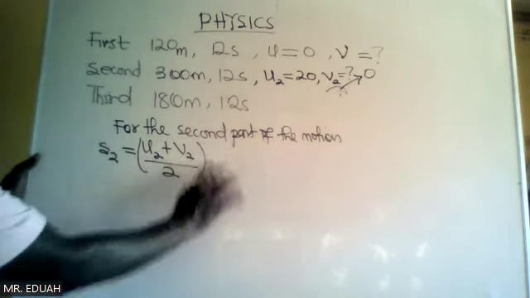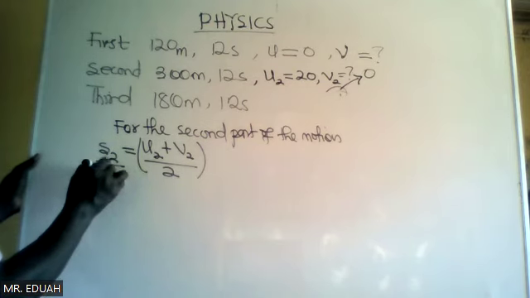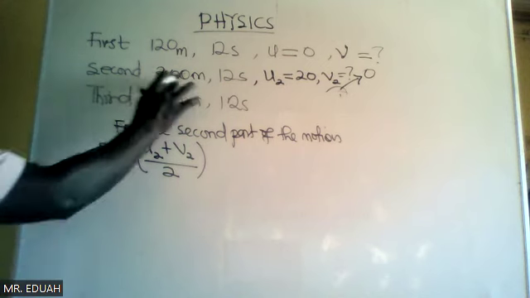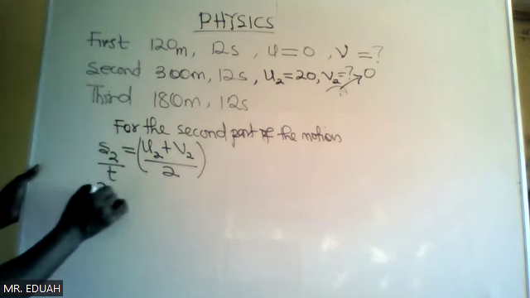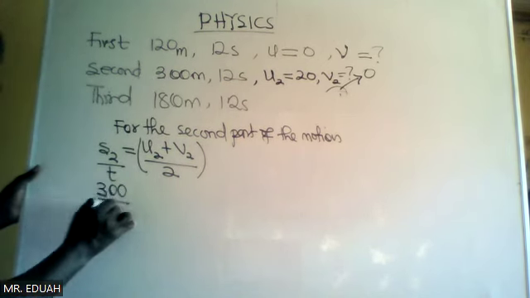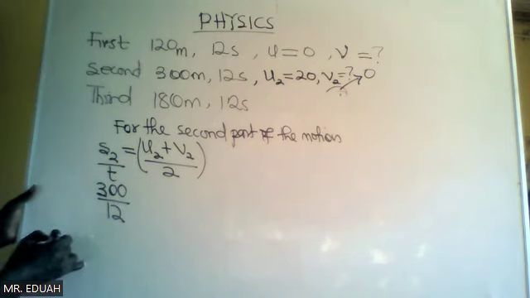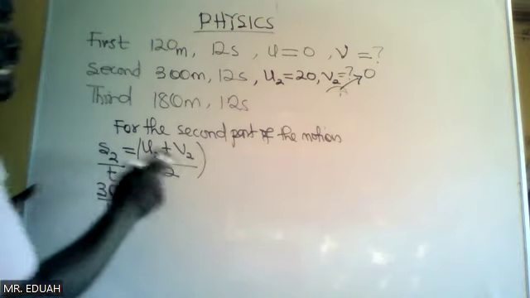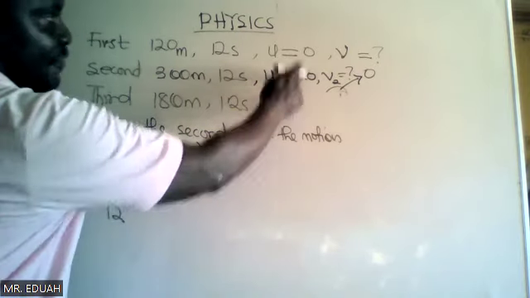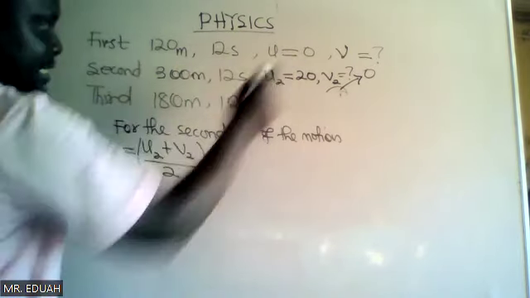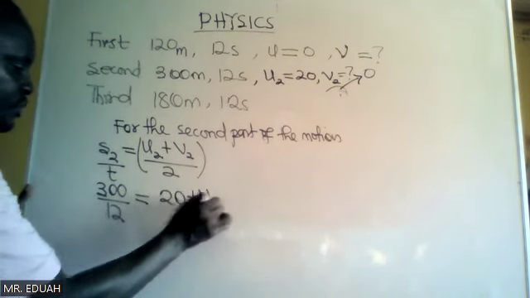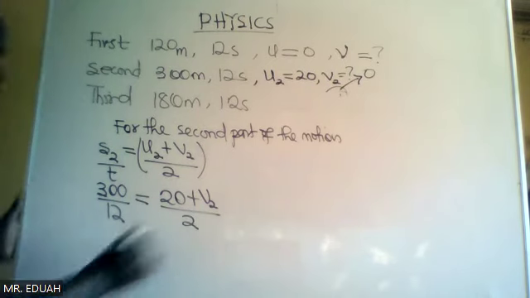Or if we are to divide through by T, for the second part, distance covered 300 over time 12 is equal to the initial velocity of the second part, which is the final velocity of the first part, 20 plus V2 over 2.